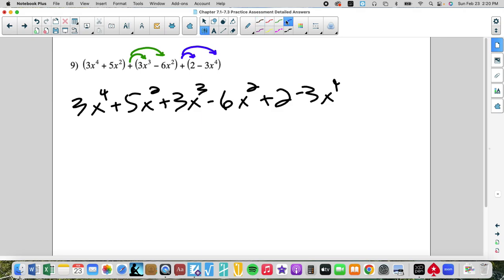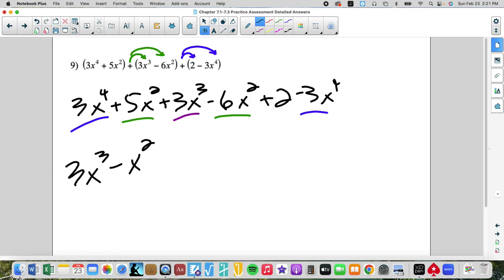All right, x to the fourth. X to the fourth, those actually cancel. X squared, that leaves me with negative x squared, and x cubed. Okay, I can notice instead of writing plus 3x cubed, I know that 3x cubed is going to come ahead of it, so couldn't I just do that?